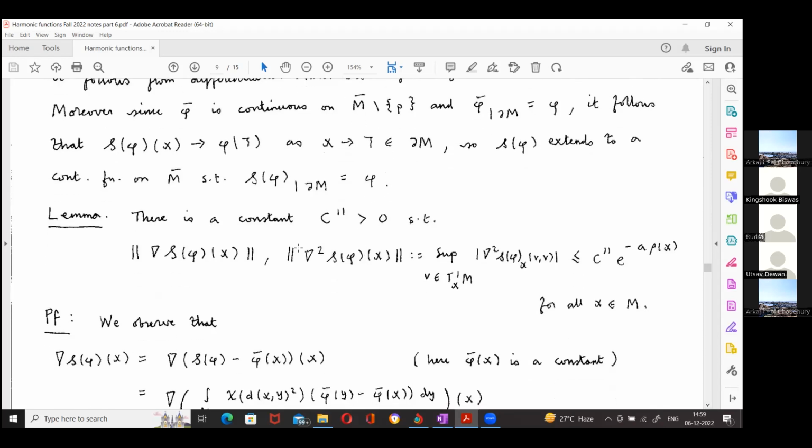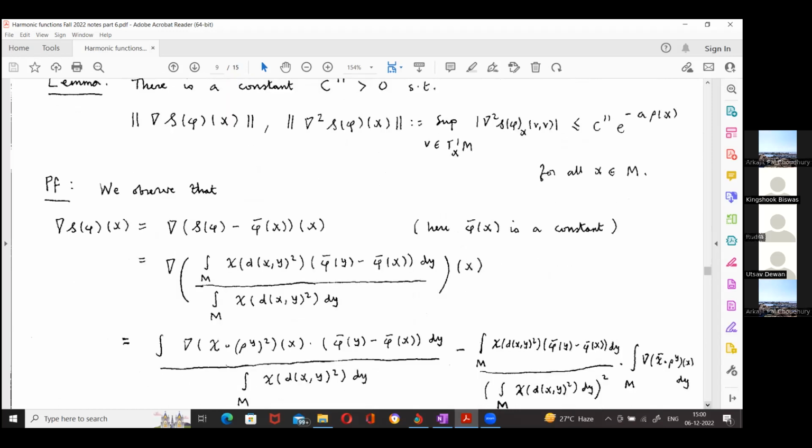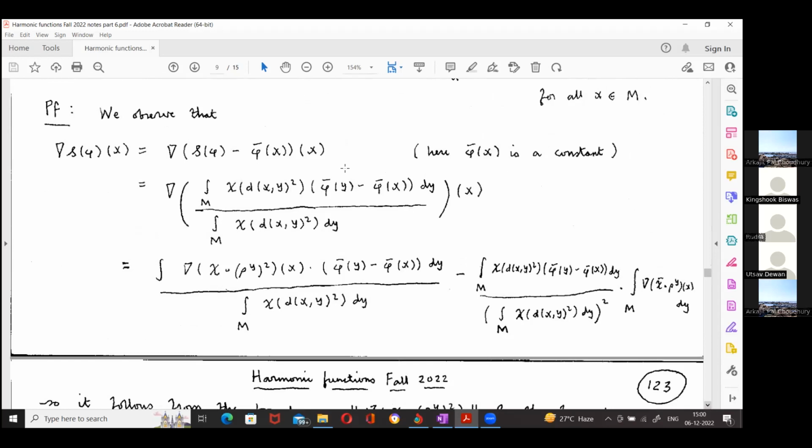The point is that the gradient and Hessian decay with the same exponential rate a, which only depends on the upper curvature bound. So let's first prove the estimate on the gradient, and then similarly one can prove the estimate on the Hessian.